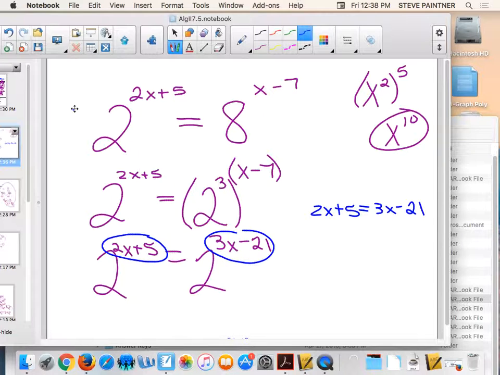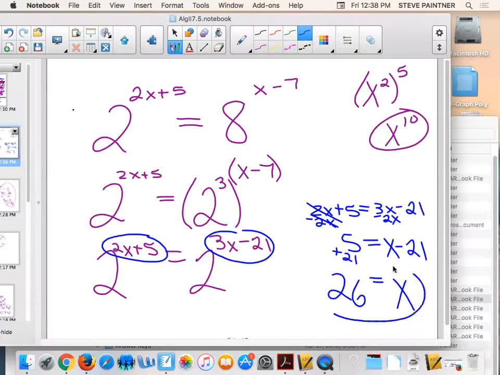Subtract what? Okay, 2x take away 2x, gone. 3x take away 2x, x minus 21 equals 5. Add 21, right? If you add 21, right?